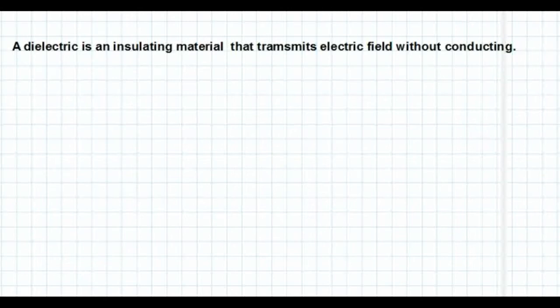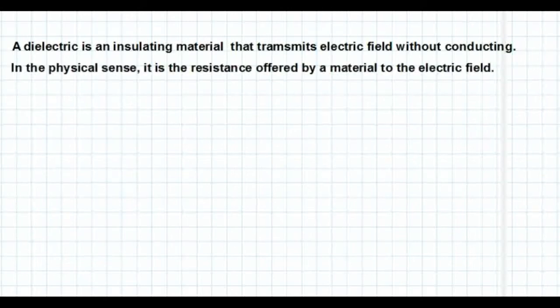So, in other words, in the physical sense, it is the resistance offered by a material to the electric field. When an electric field passes through this dielectric material, it will offer some resistance, and this resistance will be different for different dielectrics.